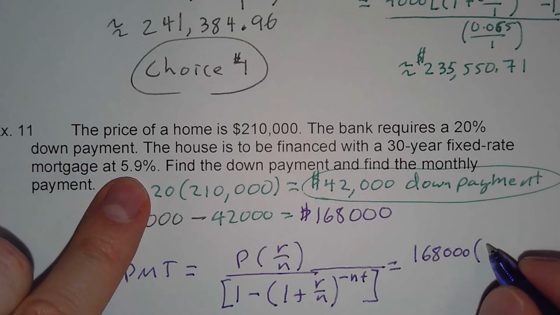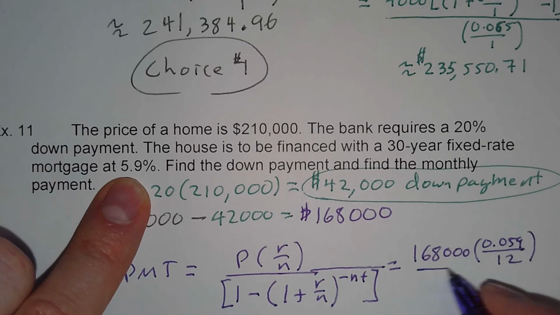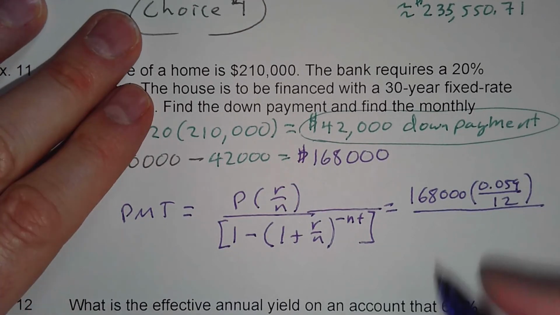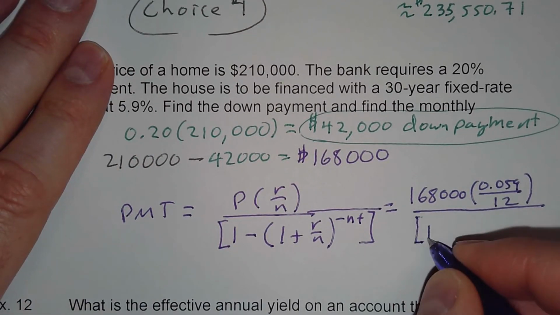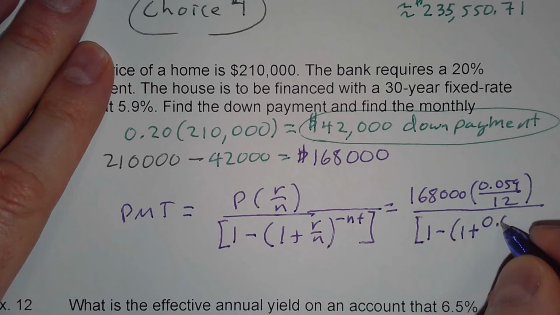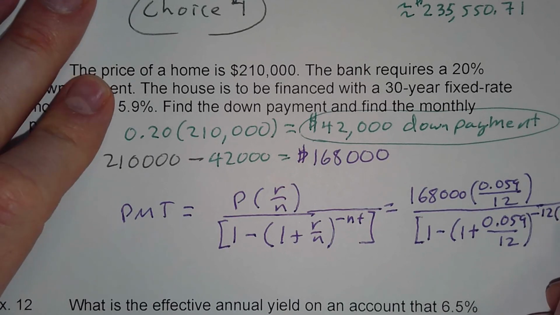Our interest rate is 0.059 when we write it as a decimal. We're doing this per month, that's over 12. And this is all divided by 1 minus, parentheses, 1 plus 0.059 over 12, raised to negative 12 times, and we're doing this for 30 years.